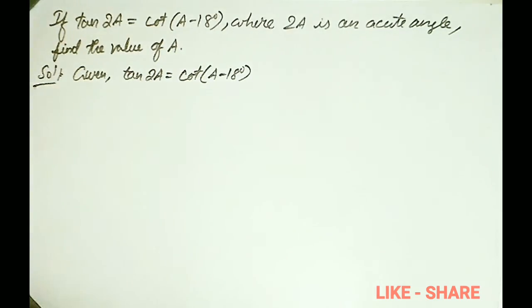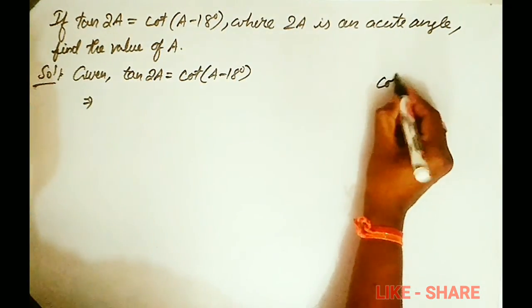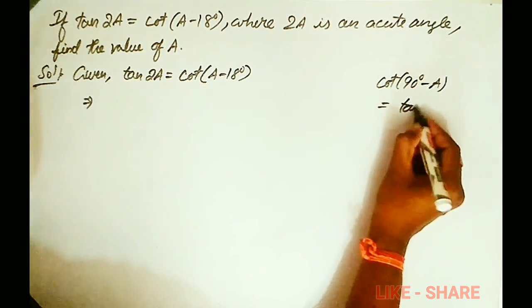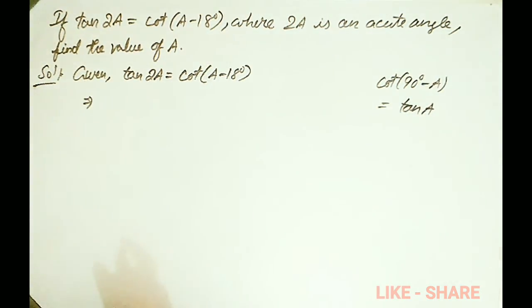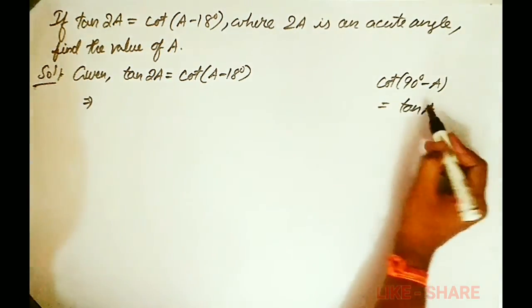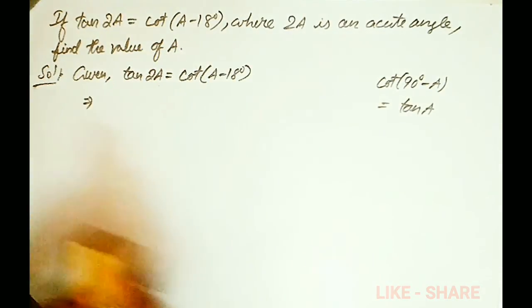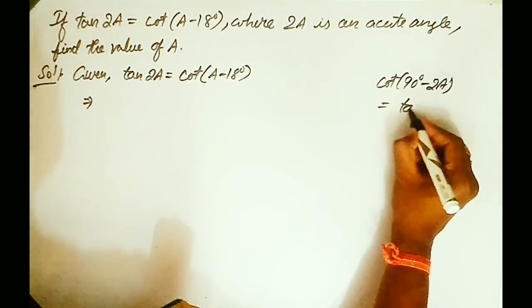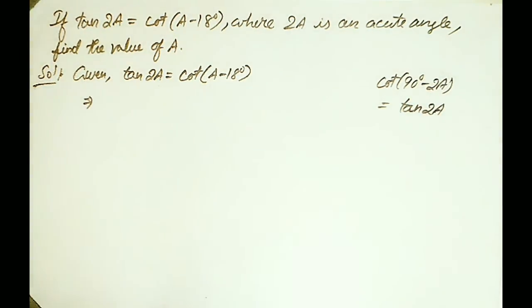This is the given. We know that cot (90 degrees minus A) is equal to tan A. It means here 2A is present, so we can write cot (90 degrees minus 2A) is equal to tan 2A.